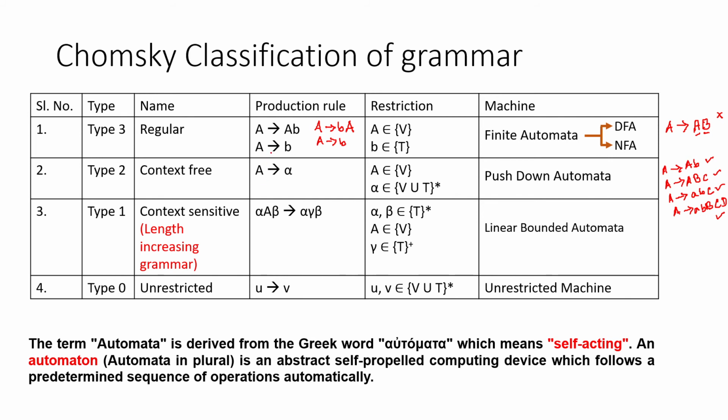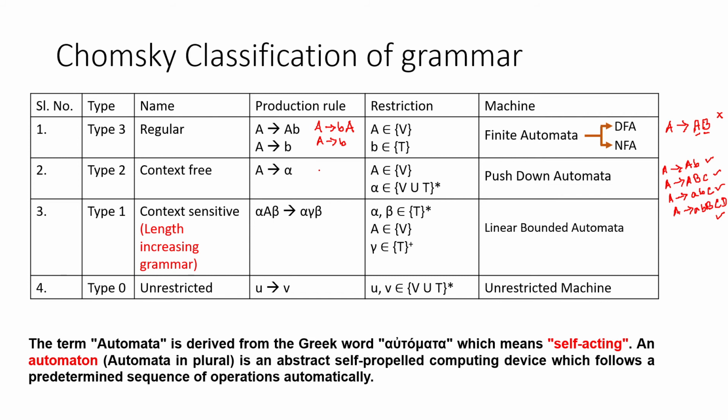But in the RHS, we have much more restriction in case of regular grammar, which is loosened a little bit in case of context free.